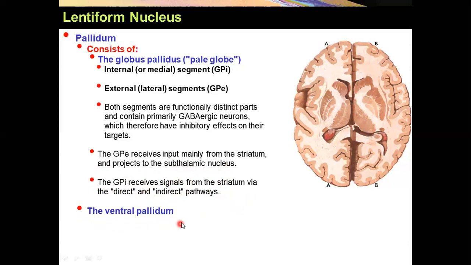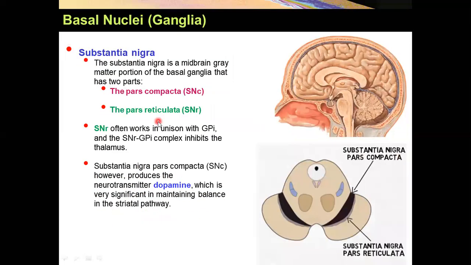Now, the ventral pallidum is part of the pallidum. Now, let's talk about the Substantia nigra. Substantia nigra is a mesencephalon gray matter portion of the basal ganglia. Similar to the globus pallidus, Substantia nigra also has two parts.